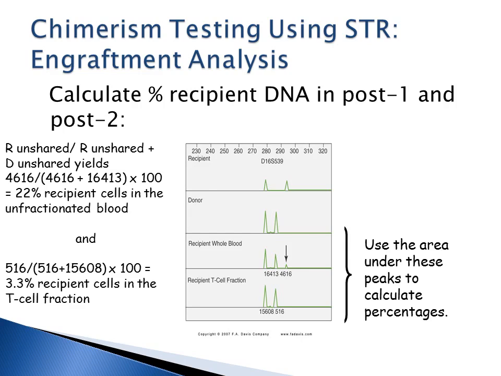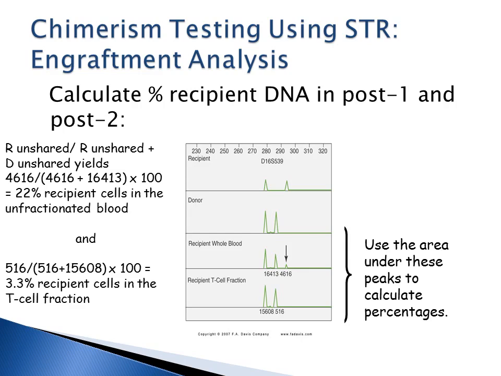So in order to calculate the percent recipient DNA, you have your R unshared over your R unshared plus D unshared. So that is going to be your 4,616 divided by 4,616 plus 16,413 times 100, and that's going to mean that there are 22% recipient cells in the unfractionated blood.